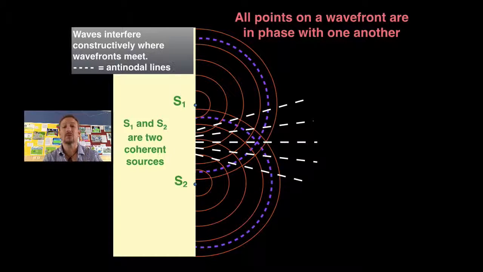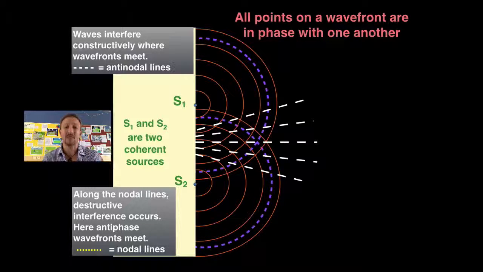Now you will also notice that there are areas where we're going to get trough meets crest. So you can see we're using the yellow lines, where you'll see, especially in the middle of those yellow lines, where the purple lines cross over the orange lines of the wavefronts, I'm getting a trough meeting a crest.